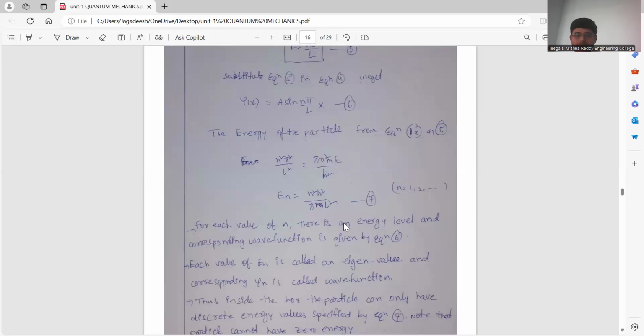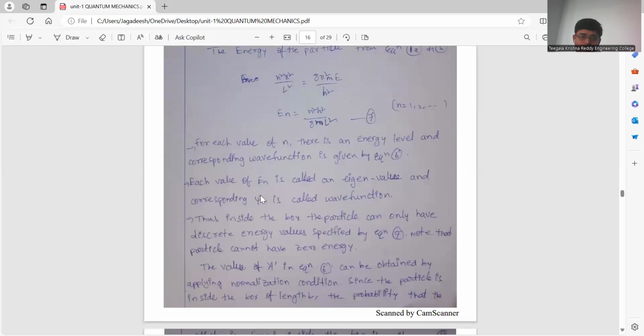That is why we substitute the n value in the energy level equation En equal to n²h²/8mL², with n equal to 1, 2, 3, and so on. Each value of En is called the energy value, and the corresponding wave function is called the wave function.